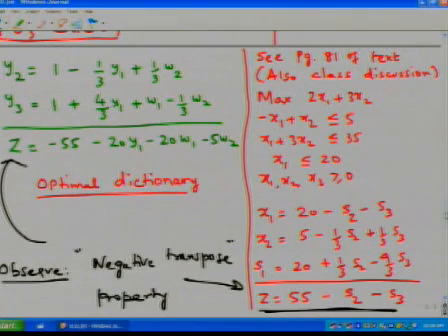We've solved it in many different ways. Let's actually represent it in matrix terms. Okay? So the x vector is going to be x1, x2, s1, s2. So I'm looking at the standard form version of that problem.